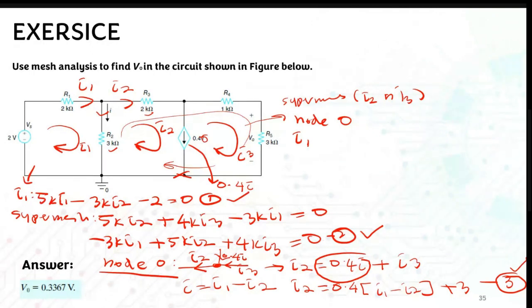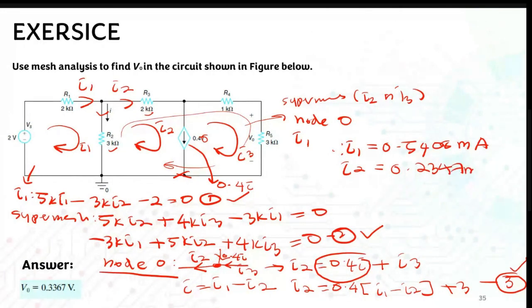I already gave you these 3 equations. So you will have I1 equal to 0.5408 milliampere, I2 equal to 0.2347 milliampere, and I3 equal to 0.1122 milliampere.